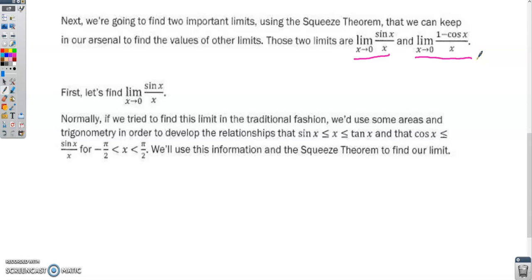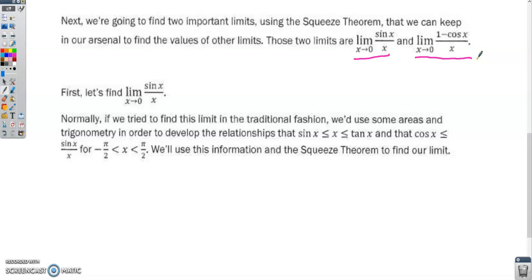So here we go. Let's start with the limit as x goes to 0 of sine of x over x. And if you were trying to do this from scratch, we would use some areas and some trigonometry and develop these relationships, but it's not worth our time to do that.